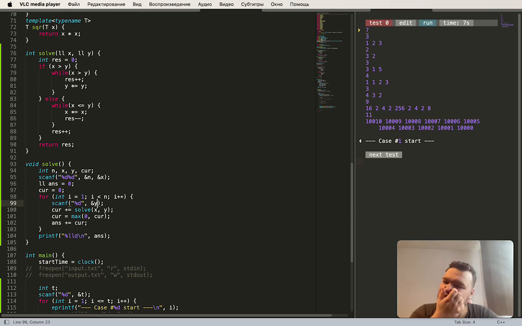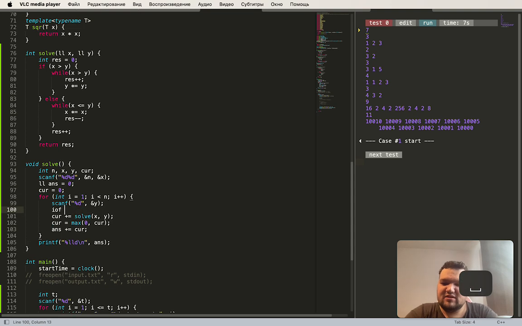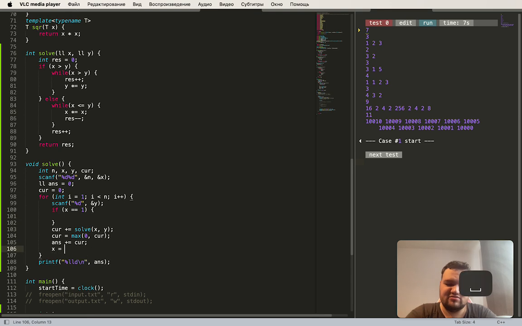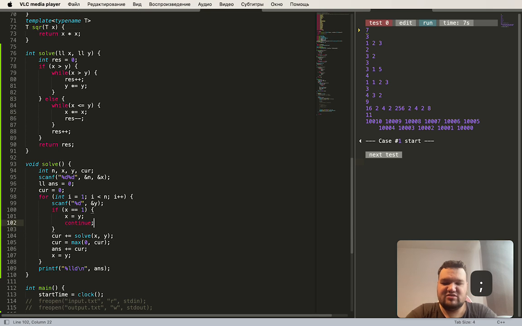Okay, yeah. If x is 1, then, alright, I also forgot to say x equal to y. If x is 1, then I need to ignore it, so just do x equal to y and continue.